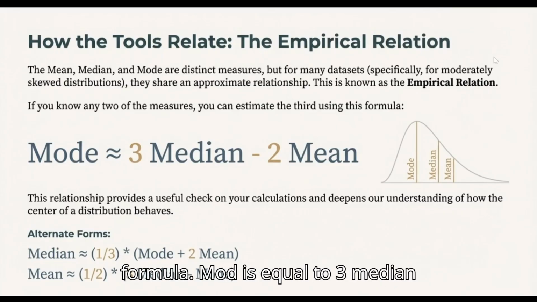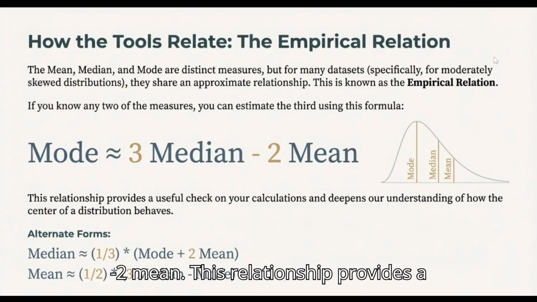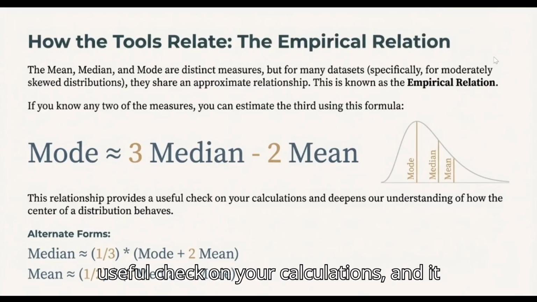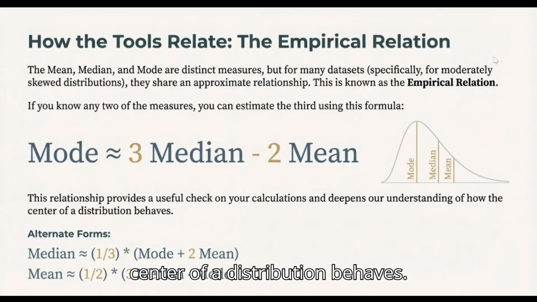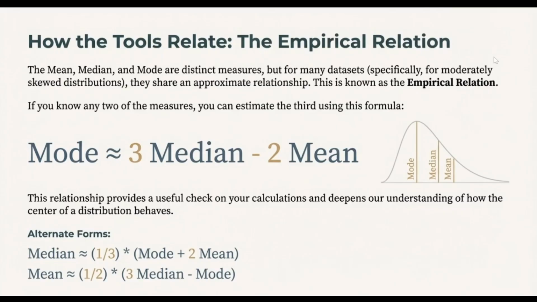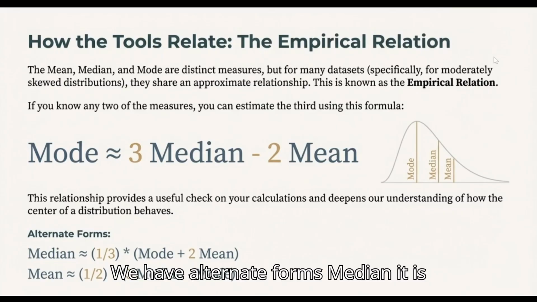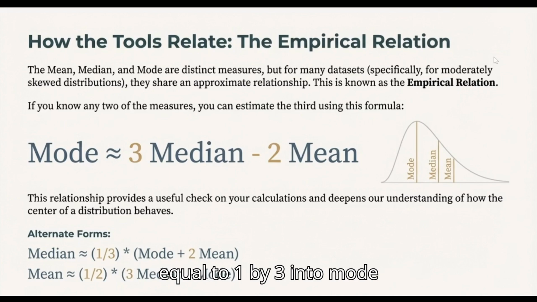Mode is equal to 3 median minus 2 mean. This relationship provides a useful check on your calculations, and it deepens our understanding of how the center of a distribution behaves. We have alternate forms. Median is equal to 1 by 3 into (mode plus 2 mean), and mean is equal to 1 by 2 into (3 median minus mode).